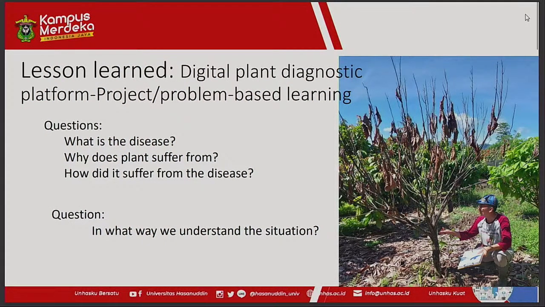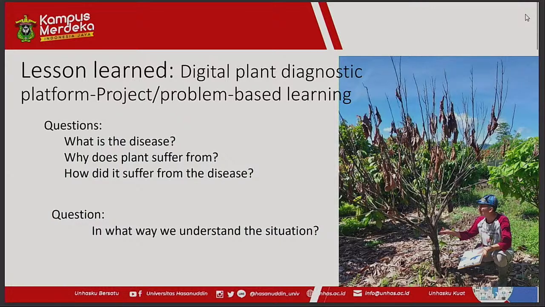So, what we learned from the digital application we did in cocoa sectors, cocoa farming. The digital plant diagnostic platform we use, and we develop, is project-based learning or problem-based learning.